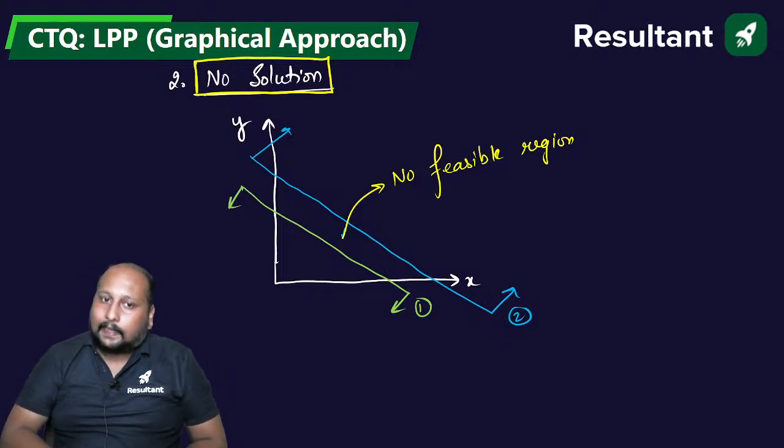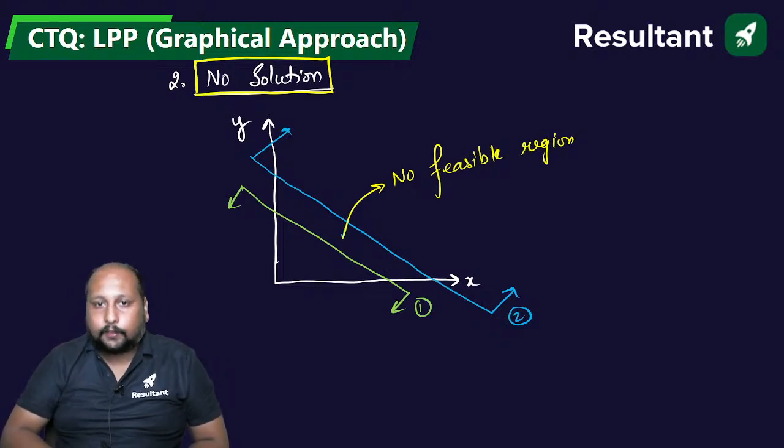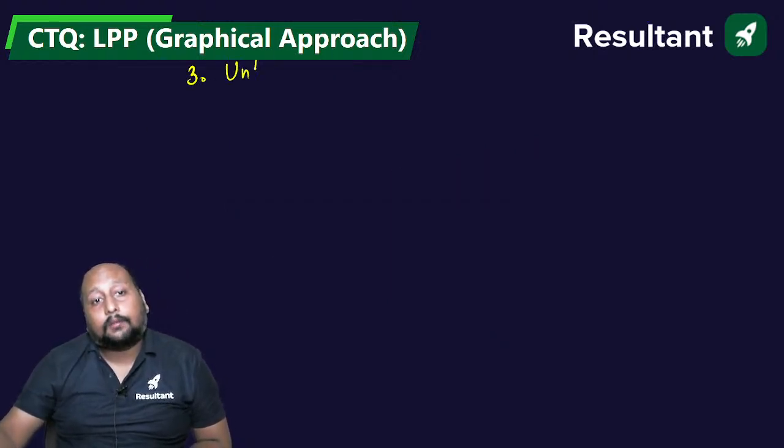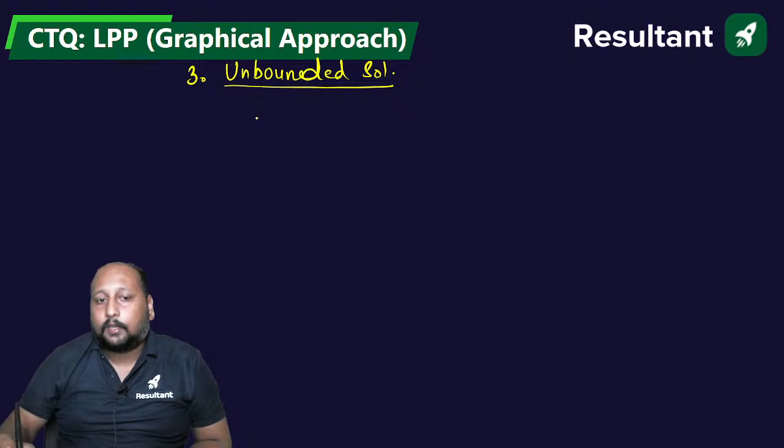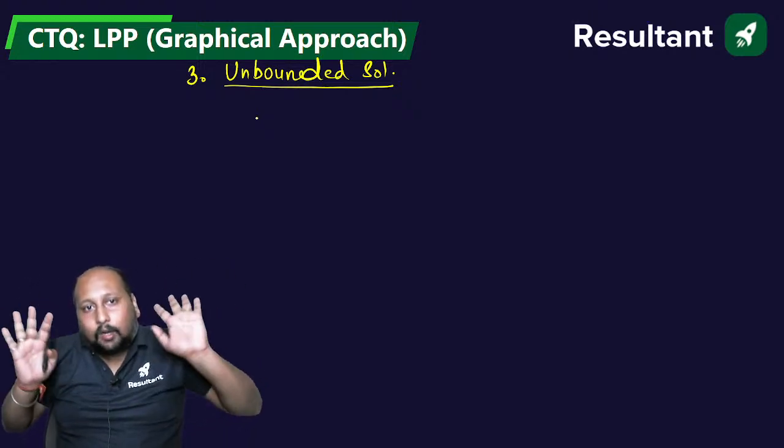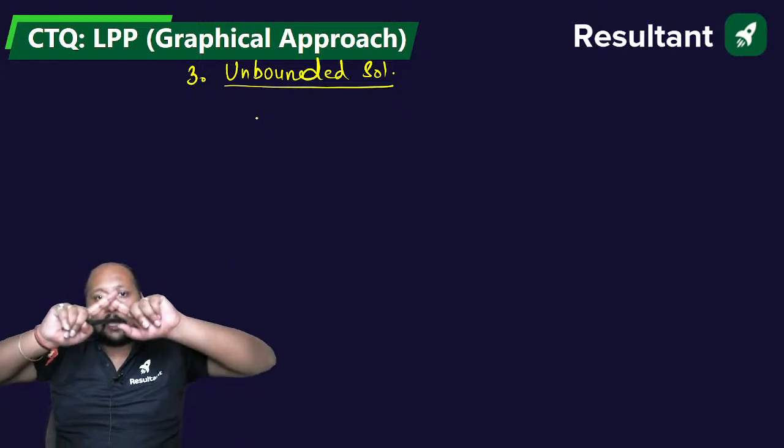Okay, clear? Understood? Let's go to the third category, unbounded solution. What is an unbounded solution? Where the boundaries are not defined. We do not have a closed boundary.